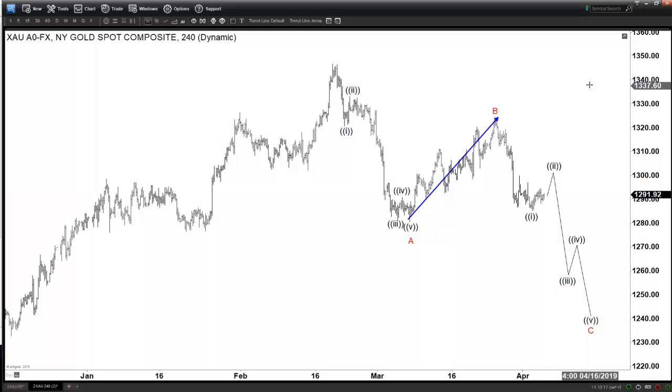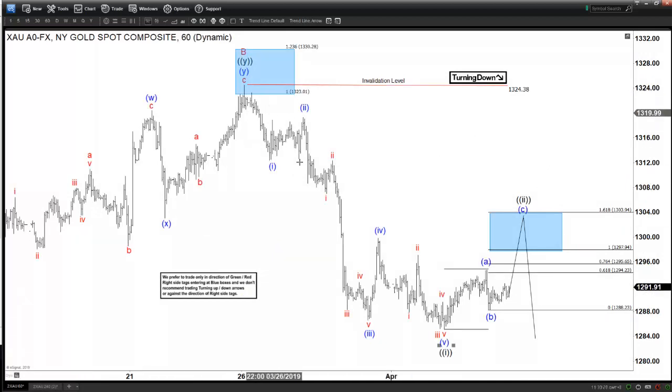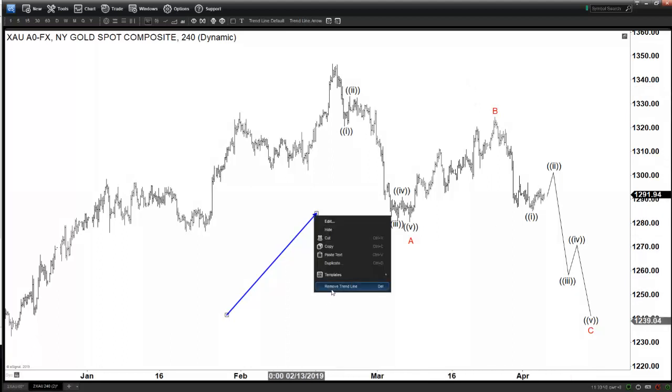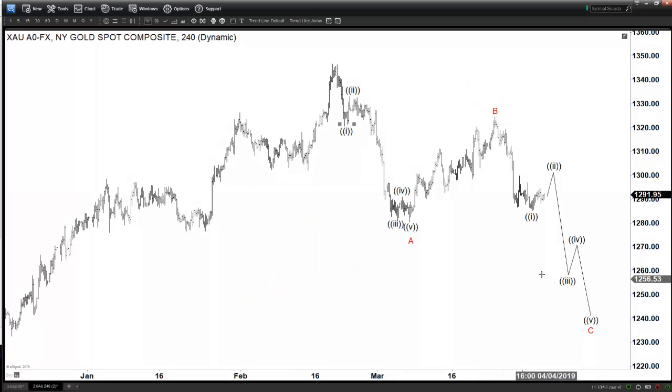So that will be the case if we can get a break below the A. But at the same time, this move lower does look impulsive. So even if we have not broken below here, that does seem to be leaning towards more downside at this point in gold. So we should be expecting more correction.